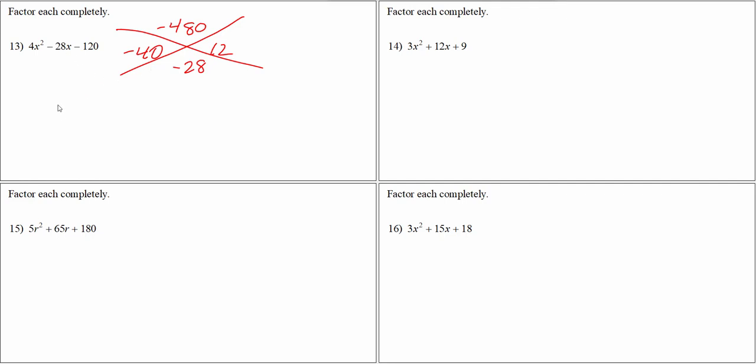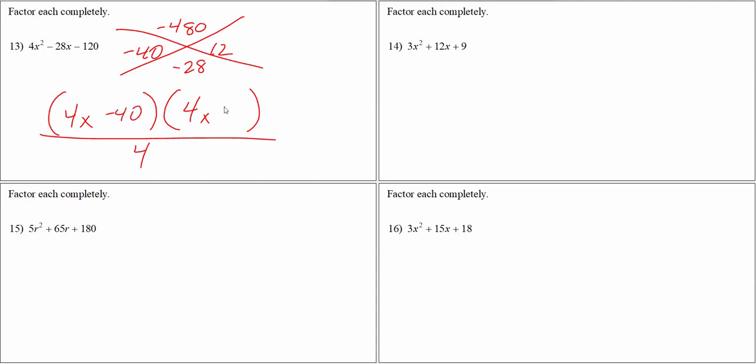Now, again, what am I going to do? I am going to make parentheses. The 4, put it in both. So that means I have to divide by 4. X, split it up. Minus 40, plus 12. Now, what can 4 and 40 be taken out of? I can take out a 4. What's left? X minus 10.